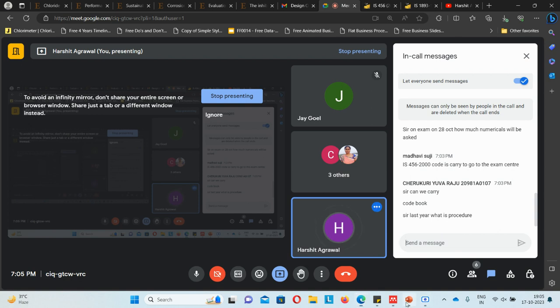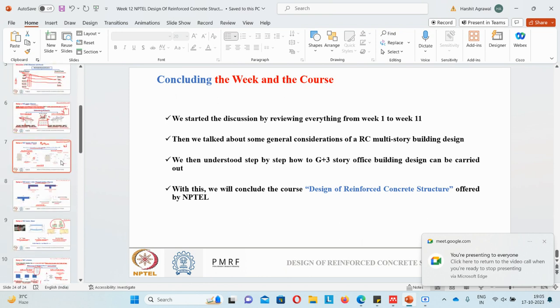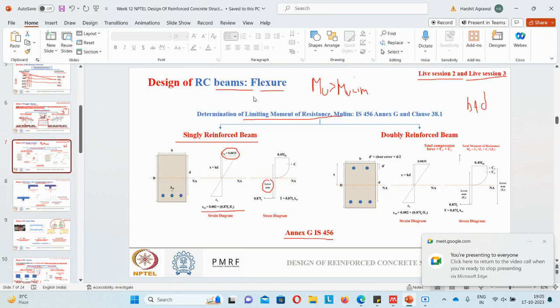Okay, so just try to summarize every element like this. In flexure, if I want to design a beam, I need to determine the limiting moment. How it is determined, I need to remember the value and the formula. Once I know the limiting moment, the moment acting on the beam would be given in the question, or you can calculate it from the load.